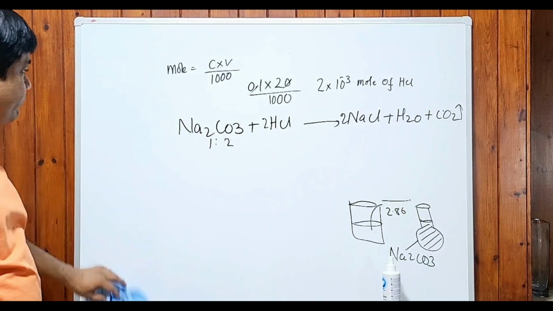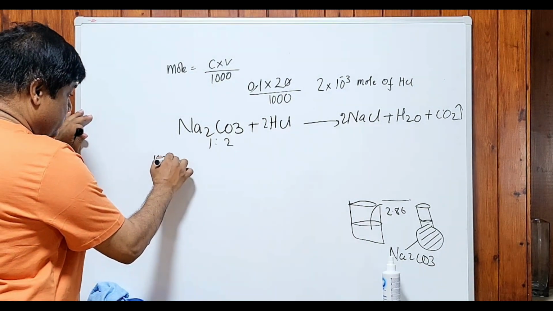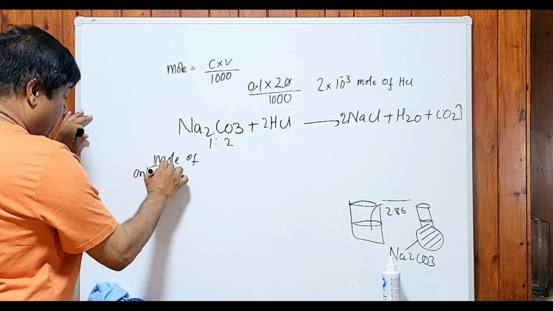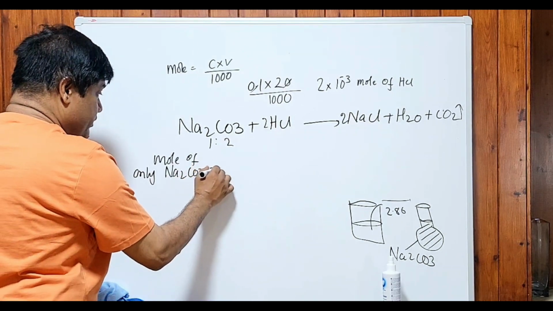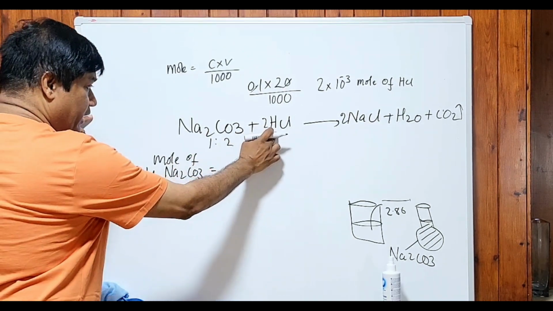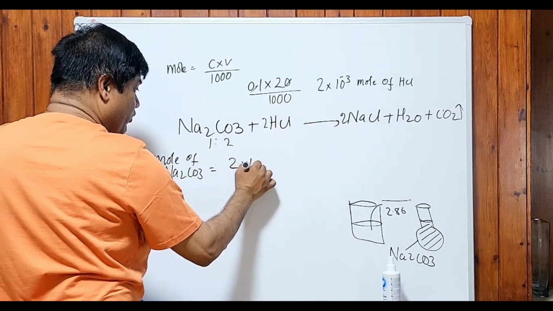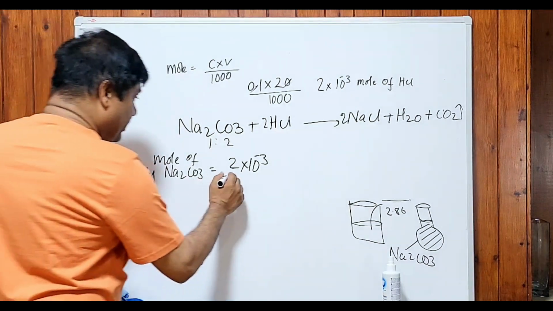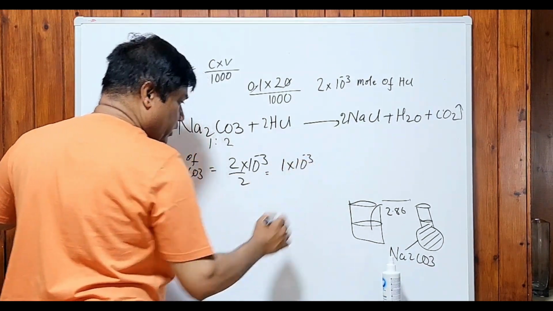Now, the moles of only Na2CO3 equals, look at that, can I divide this mole by 2? 2 into 10 to the power of minus 3 is the mole of HCl, divided by 2, 1 into 10 to the power of minus 3.